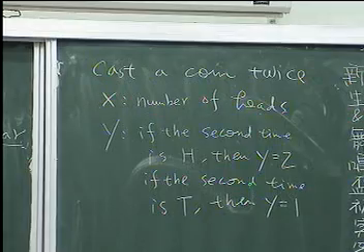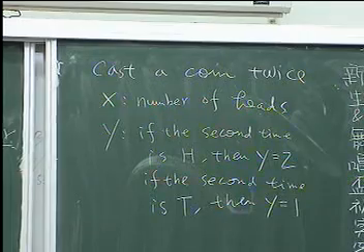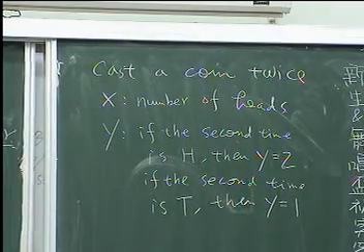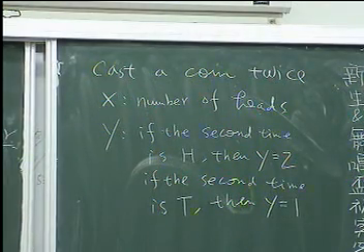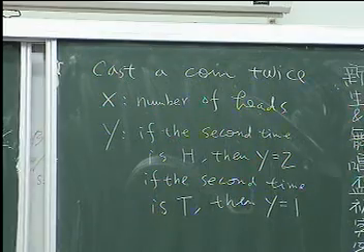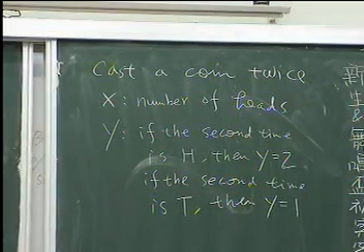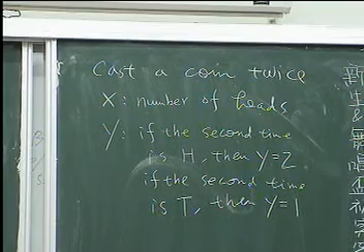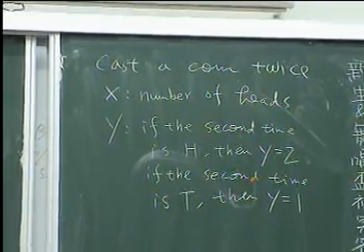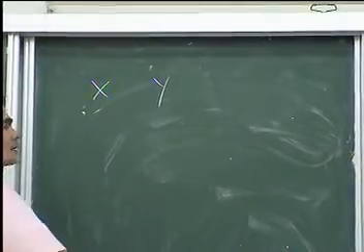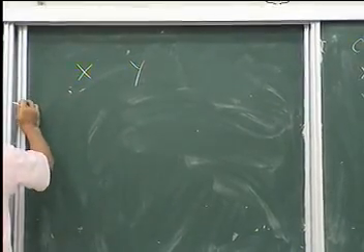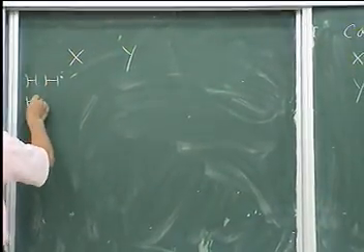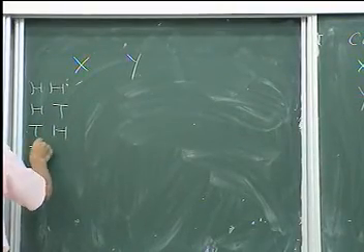So let us now get to the distribution of X and Y. Because we cast a coin twice, we have 4 different outcomes: HH, HT, TH, and TT.